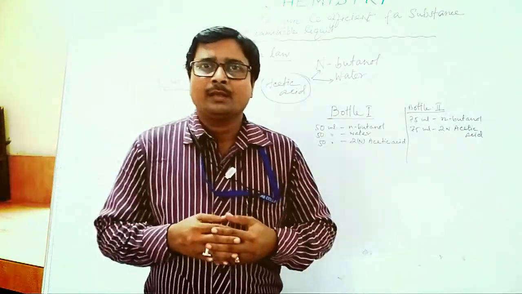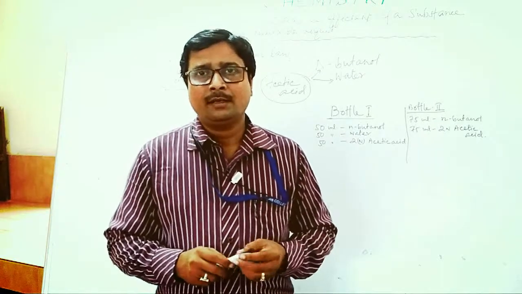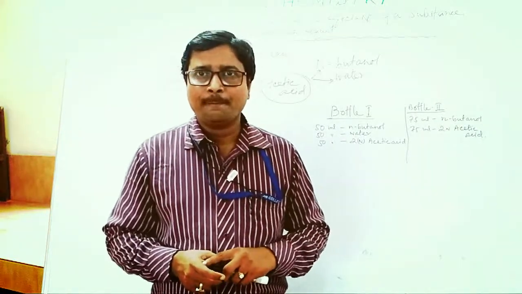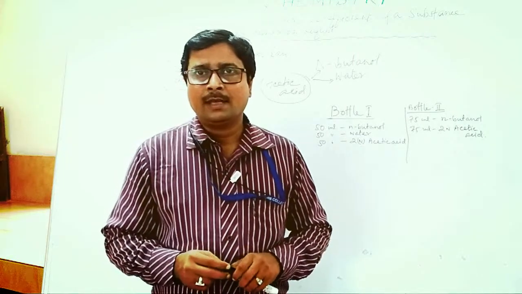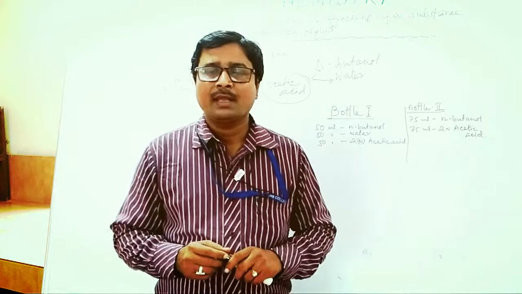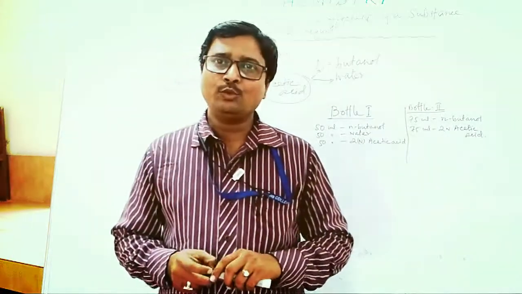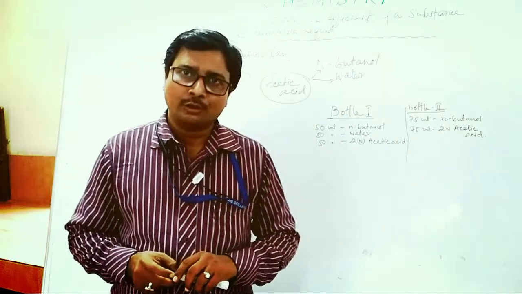So this is the theoretical part. Now, in our experiment, the reagents, as I told, are n-butanol, water, and acetic acid. We take 2 normal acetic acid, and for titration we are taking N/2 sodium hydroxide solution.